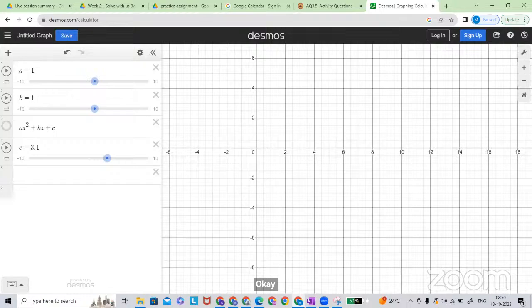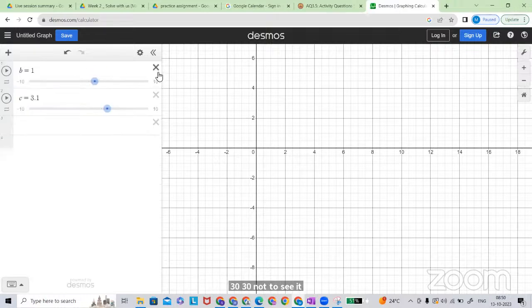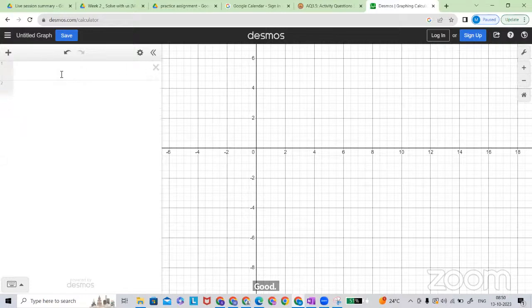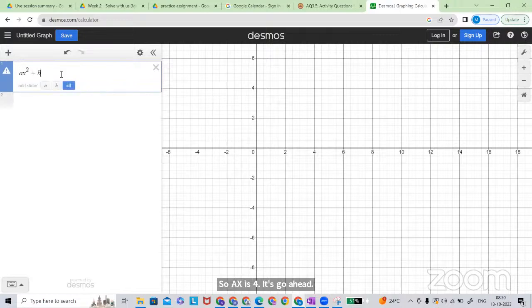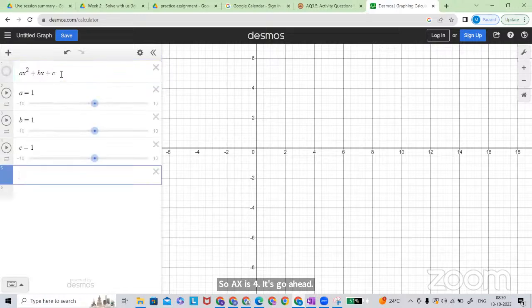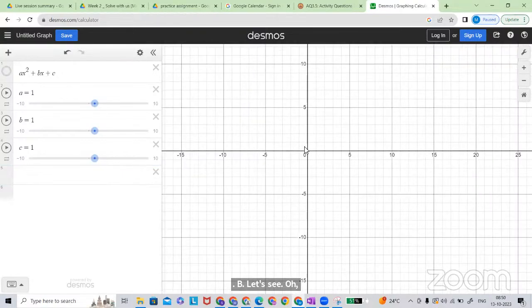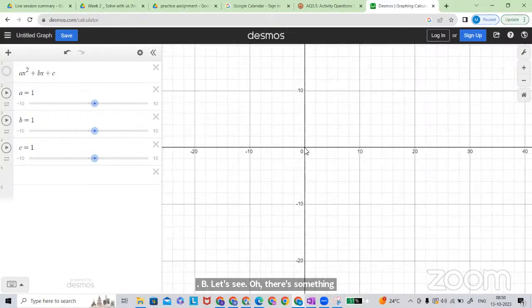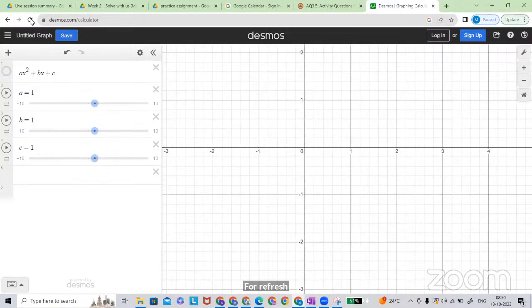Sorry, not because of this. Just a minute. Let me enter a x squared plus b x plus c again and hit enter. Something is wrong with the curve. Okay, just a minute. Sir, refresh the page.